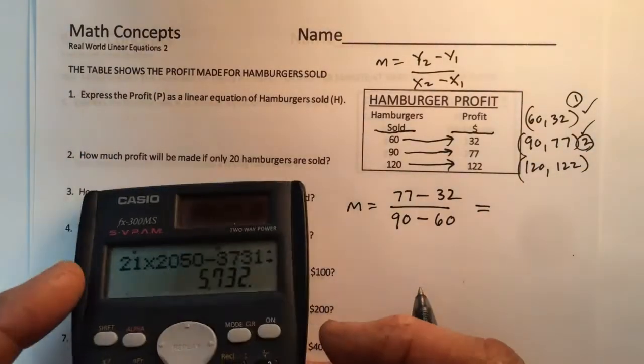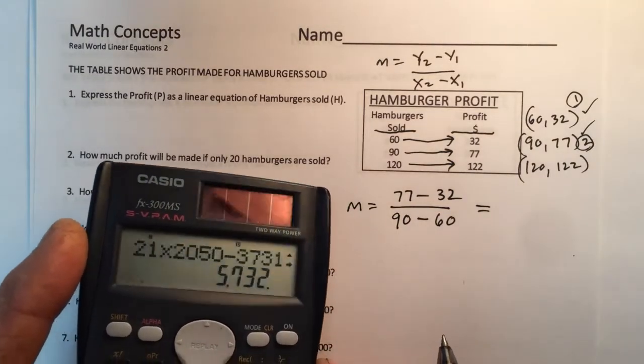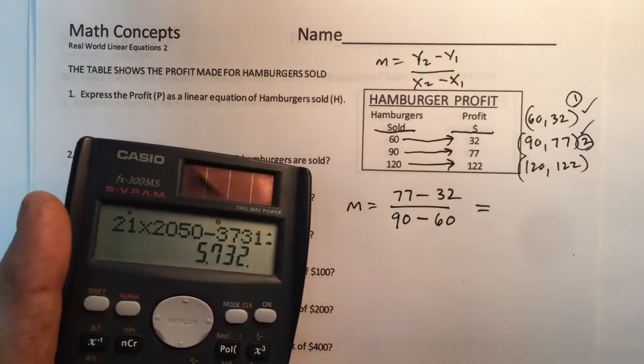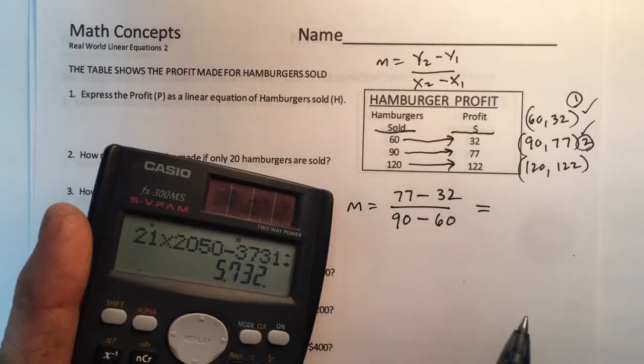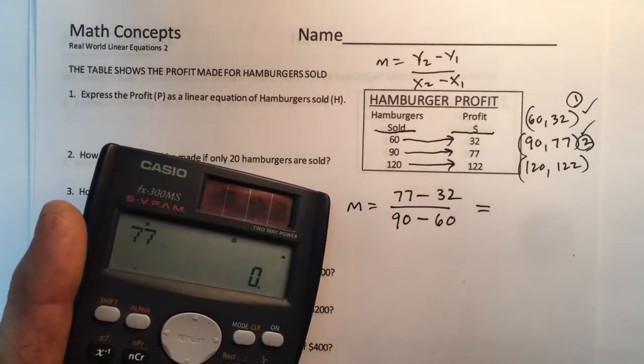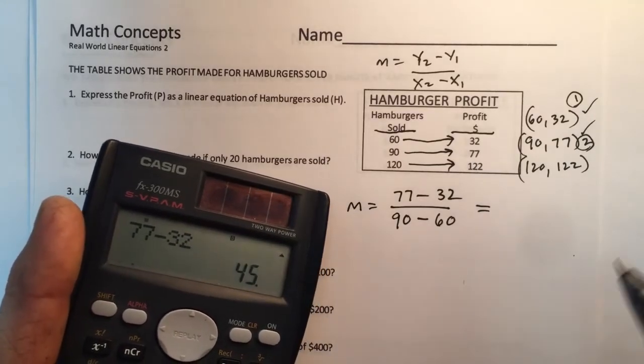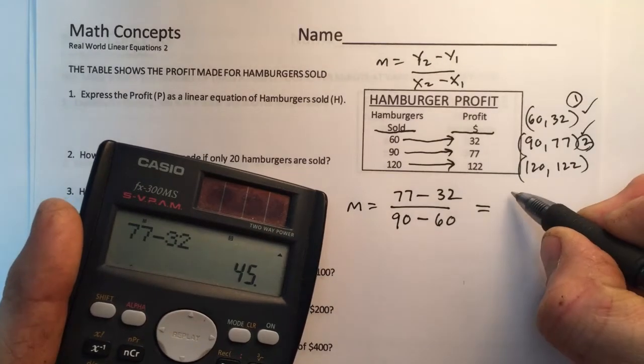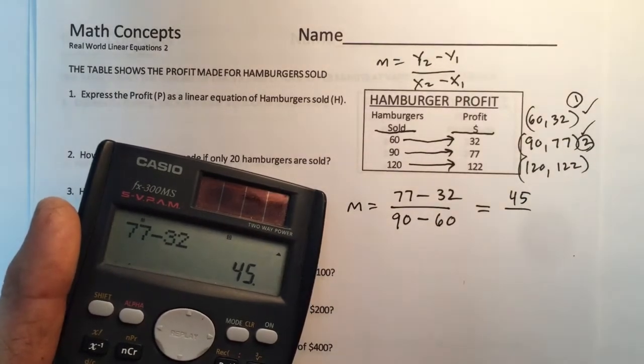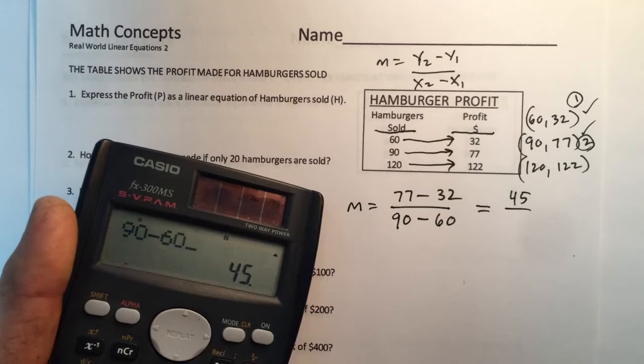Okay, now get this in here. We'll do 77 minus 32, and that is 45. And then I'm going to do 90 minus 60.